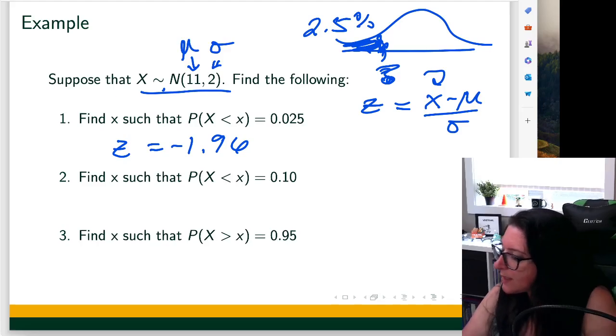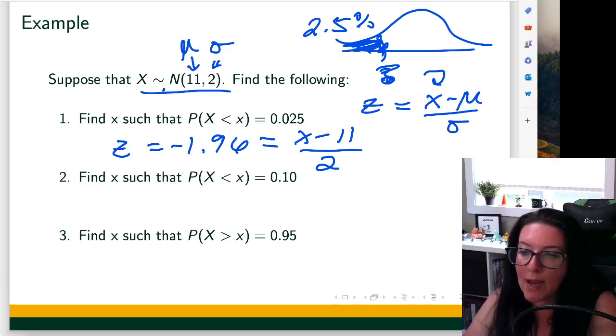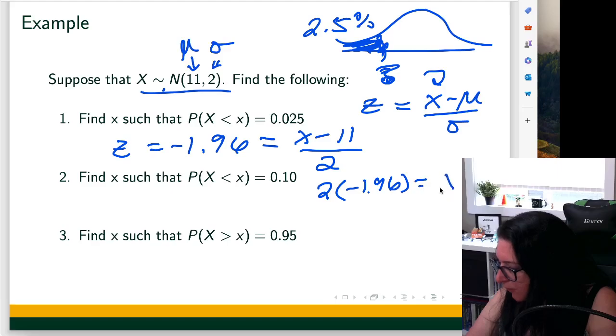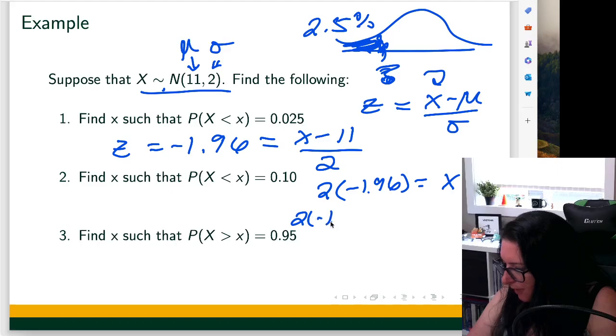So then we need to solve for x. So z equals x minus mu over sigma, where mu is 11, sigma is 2. We would rearrange that and solve. So how do you rearrange that? You multiply both sides by 2. You get x minus 11. And if you add 11 to both sides, so we have 2 times negative 1.96 plus 11, that will give you x.